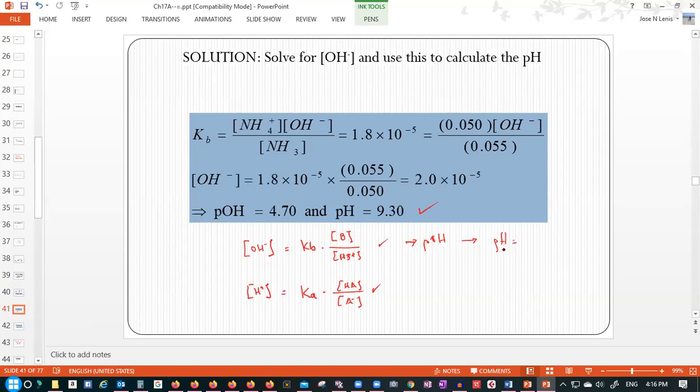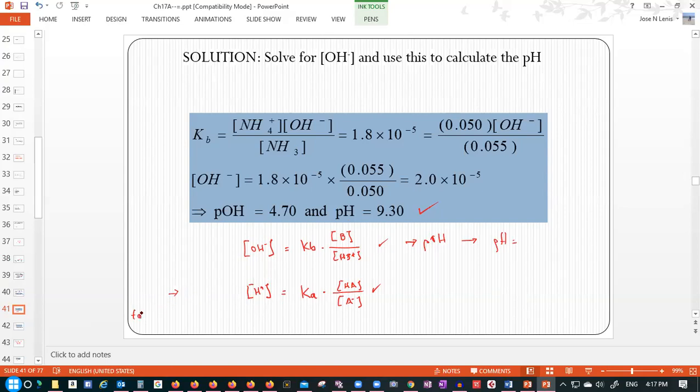There's a mathematical treatment to these equations, and we can choose this one, for example. If we take the negative log on both sides, we are going to get something really interesting.